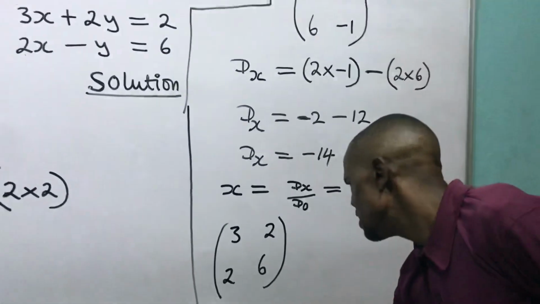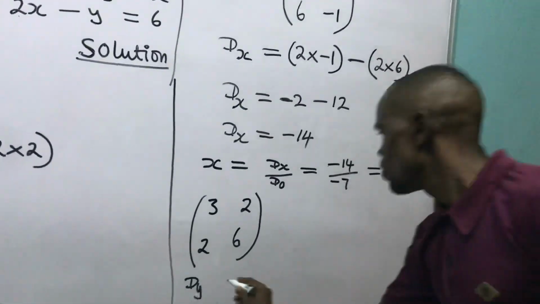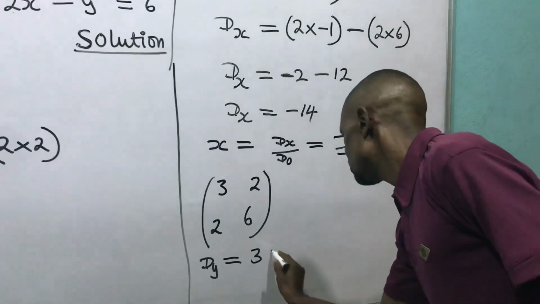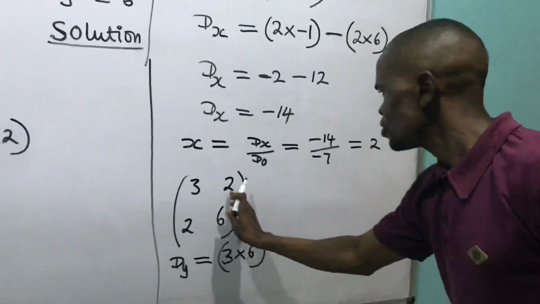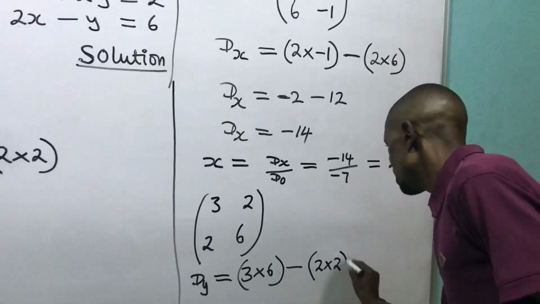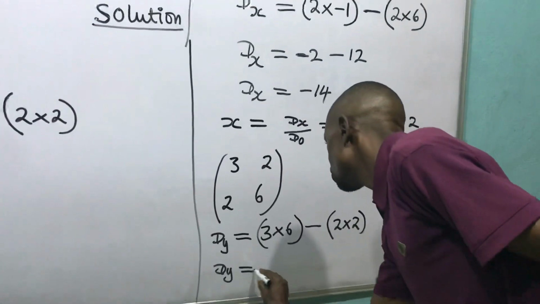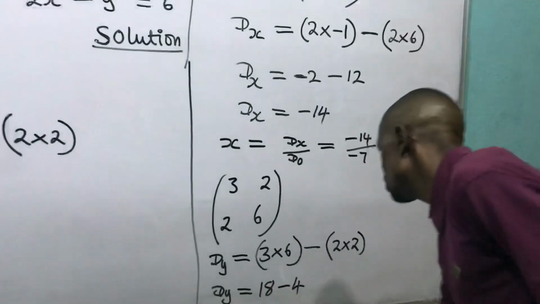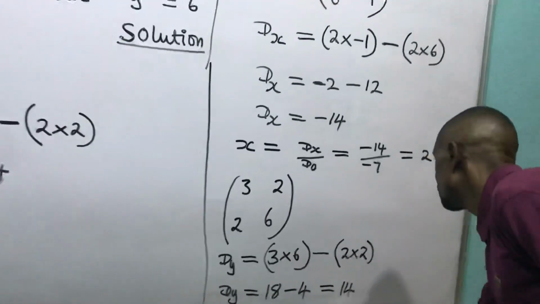I will now say my Dy. My Dy is equal to 3 times 6, in bracket, minus 2 times 2. And that will land me to Dy equals 3 times 6, which gives me 18, minus 4. 18 minus 4 will give me 14.